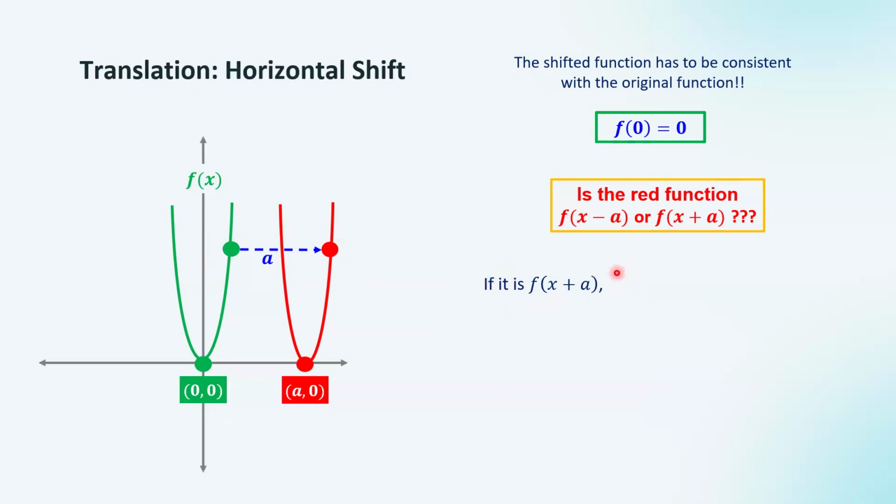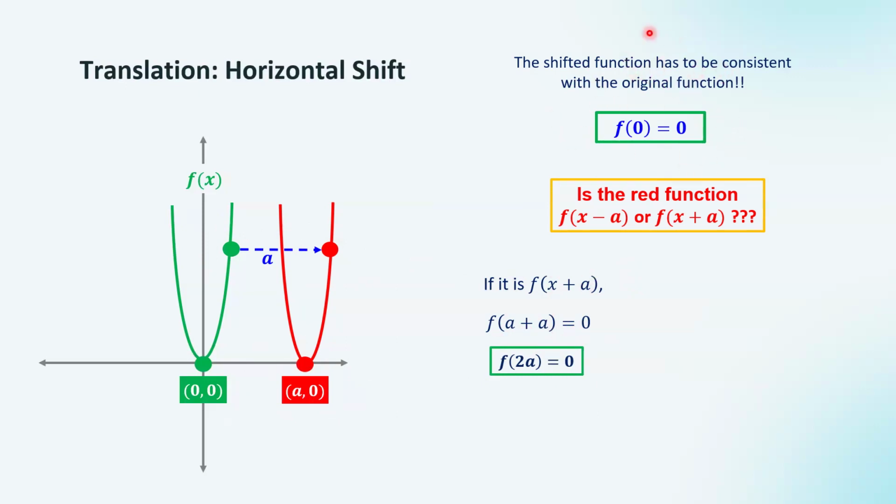But as we will see, let's say that we input x equals a because we want to get (a, 0), right? So x is a, and then the value of the function is 0. And as you can see, we are going to have f(2a) equals 0. Now, here is where this statement comes into play.